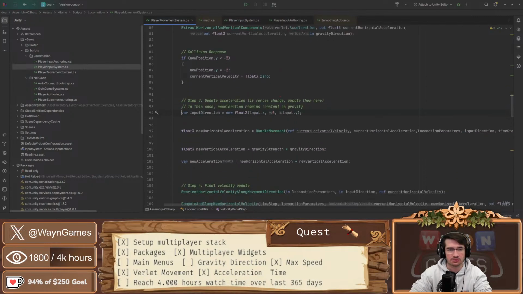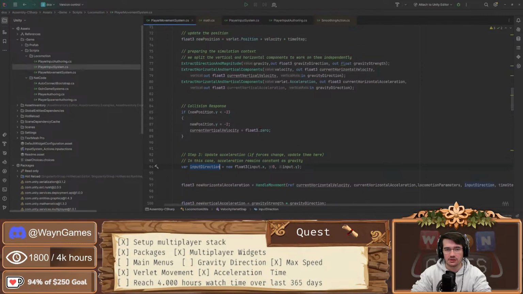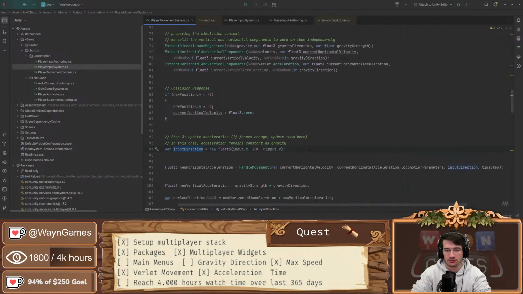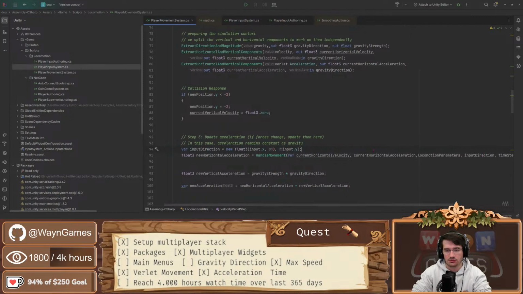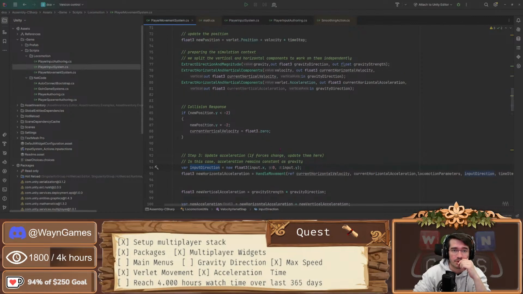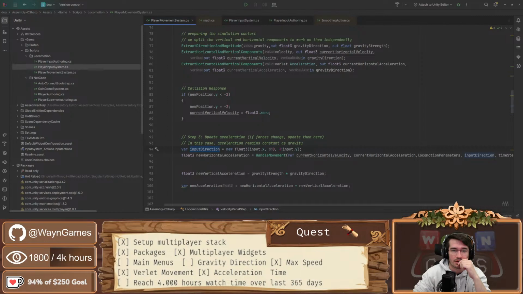So here, the input direction, why is it here? That's the gravity direction input, so that's just for movement. And that's my projection that I haven't done. I need to also project, because right now it would only work properly if the gravity is along the y-axis.